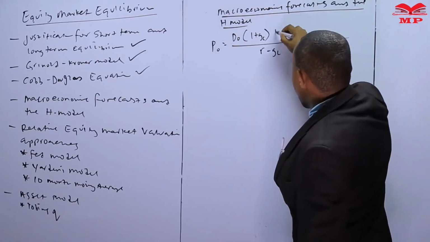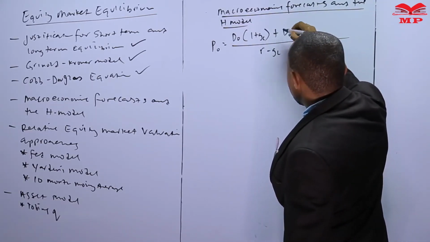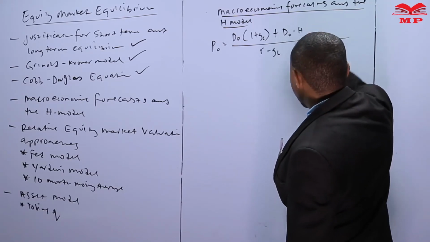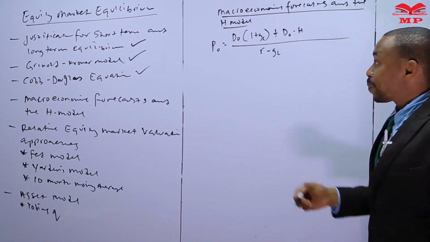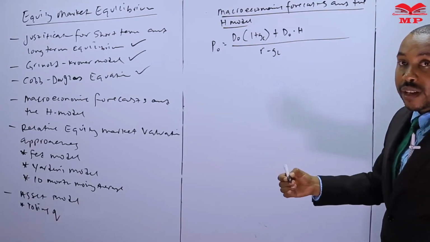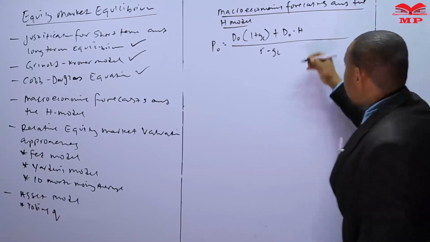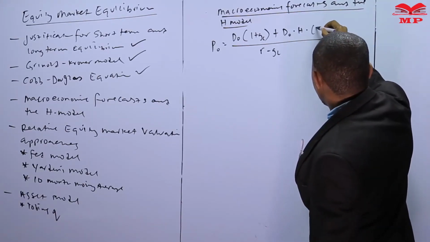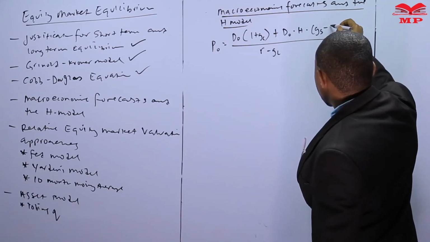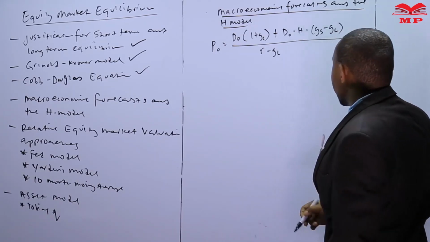Then we add D0, the historical dividends, multiplied by H, the half-life in years of the duration within which the dividends are expected to decline linearly, and then multiply by (GS - GL), the growth rate in the short term minus the growth rate in the long term.